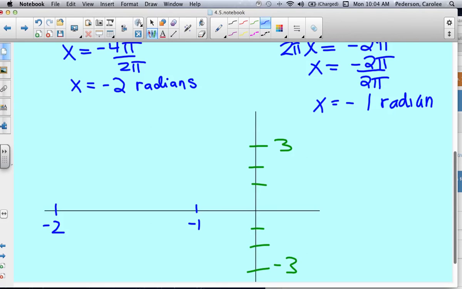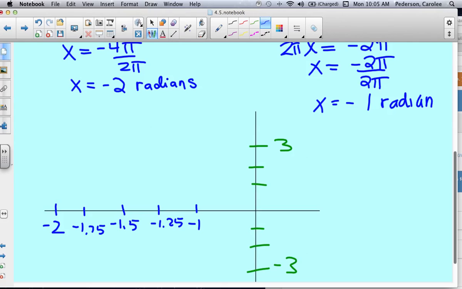So now we split up into 4 equal parts. What's the halfway point between negative 2 and negative 1? Negative 1.5. And then halfway again. Negative 1.75. Negative 1.25.